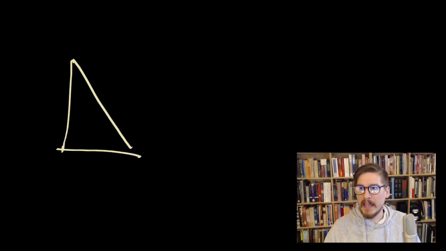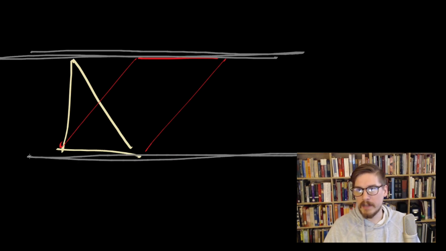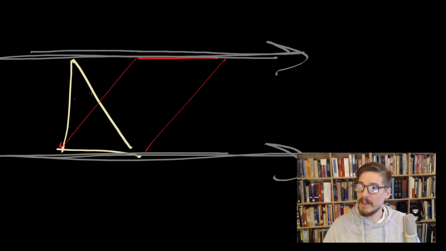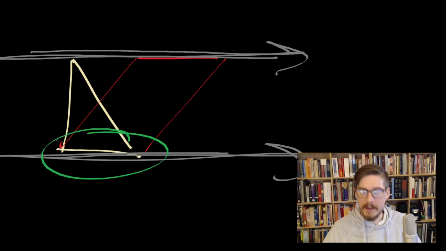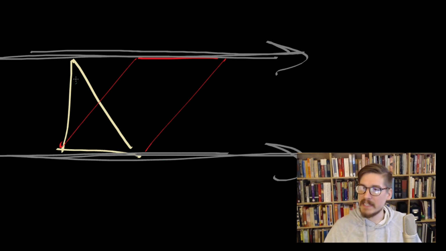There's one other thing, and this is a proposition Euclid gives. This is proposition 41 in book 1 of the Elements. Basically what he explains is that if you have a triangle and a parallelogram in the same parallels and on the same base, meaning that here are the parallel lines, and there's our base, then the triangle is exactly half the area of the parallelogram.